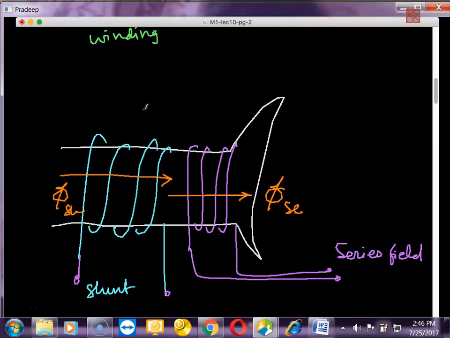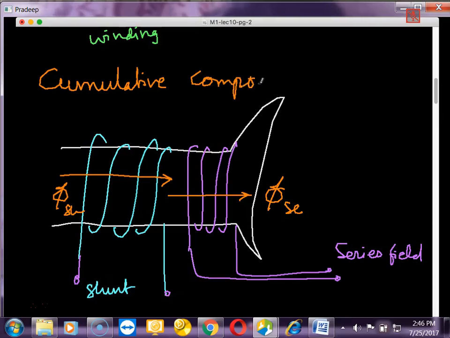If this is the case, then it is a cumulative compound machine or motor.